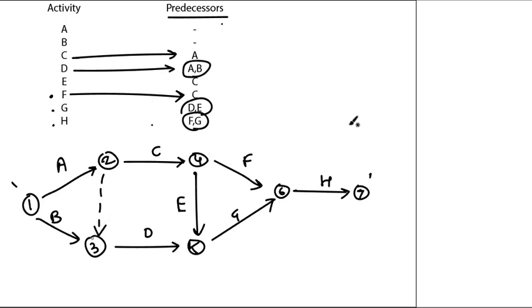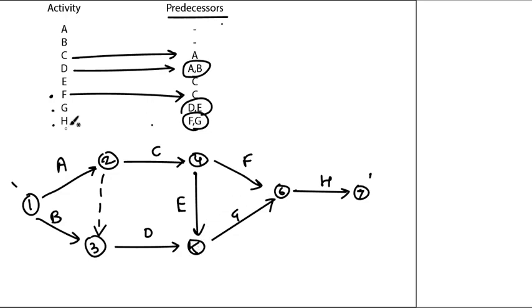Now, for cross verifying if your project network diagram is right, let's see. A has no predecessor, B has no predecessor, C comes from A, D comes from A and B, E comes from C, F comes from C, G is coming from D and E, so where D and E meet, G will start through that node.